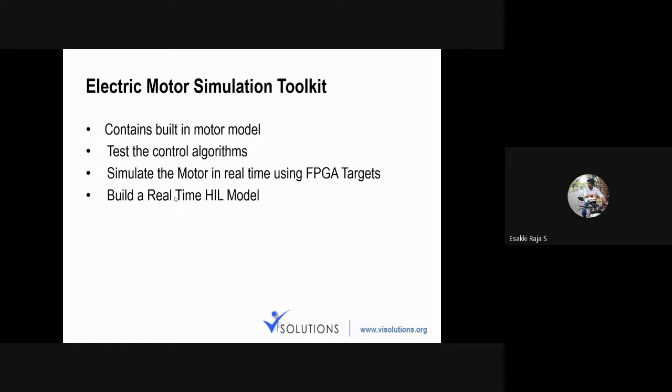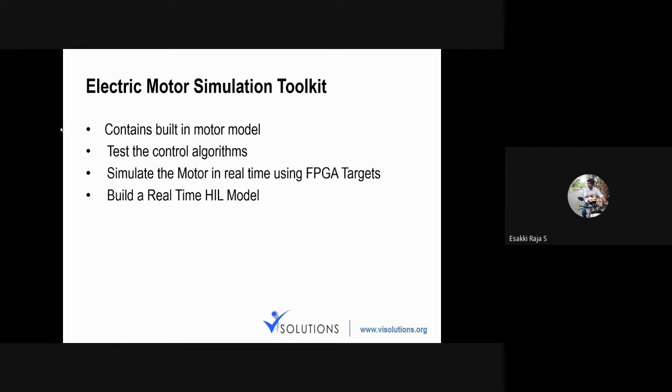The third one is simulating a motor in real time using FPGA. I'll tell you the difference between the first two options and the third option. In the first two options, we will not use any hardware. Using some motor parameters, we will simulate the motor in the PC itself and see the response of the motor.